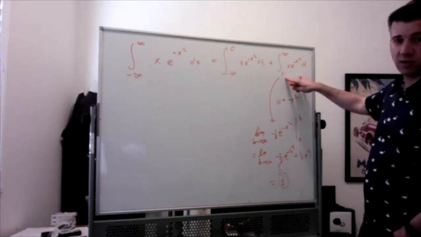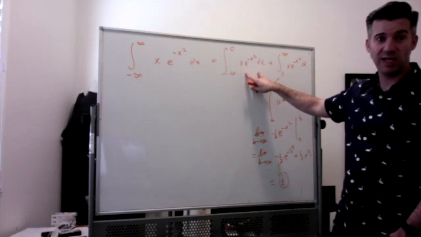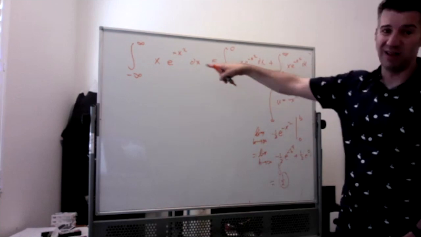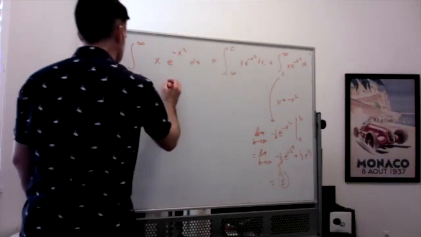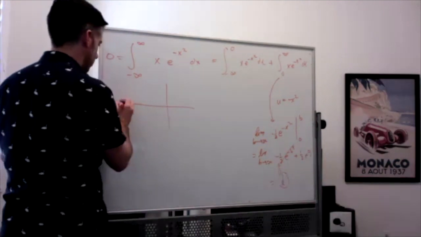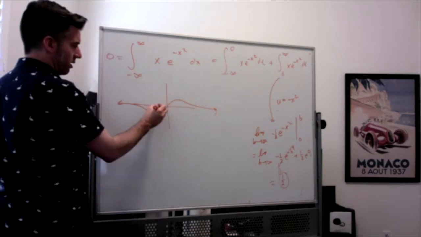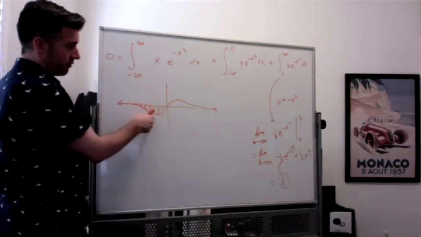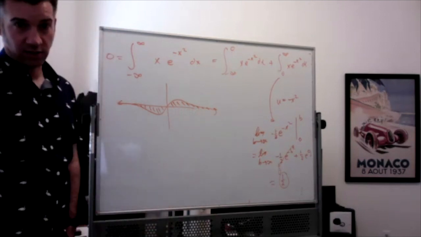So this part converges to 1/2, and this part converges to negative 1/2. The reason that these cancel each other out is because this is an odd function, and it looks like this. All the area over here is negative 1/2, all the area over here is positive 1/2, and they totally cancel each other out.